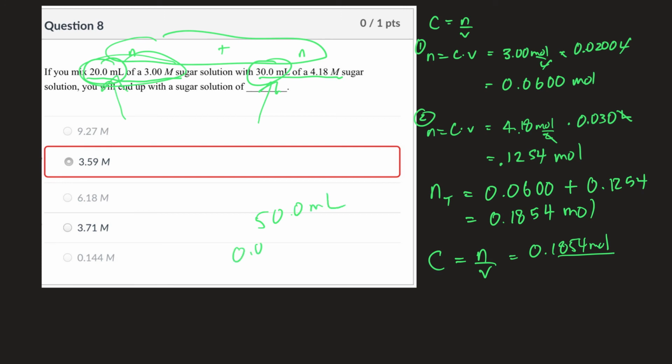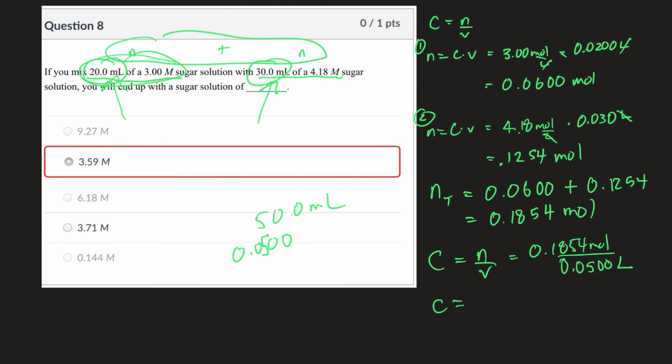But to convert that, whoops, I need a 5 in there. It'd be 0.05 liters. So 0.1854 divided by 0.05.